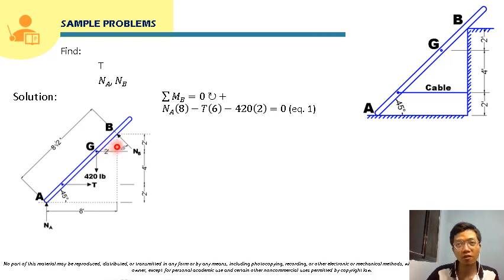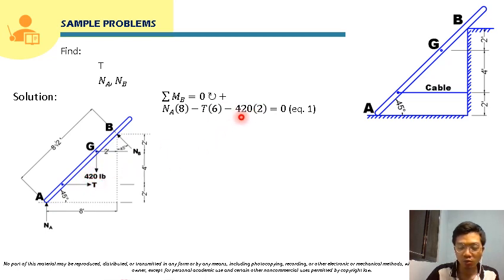Tangent 45 degrees equals TOA, opposite over adjacent. So tangent 45 degrees equals 2 over adjacent, the unknown. Solving for the adjacent, that will be 2 over tangent of 45, which is also equal to 2. So this side is also 2, and that becomes the moment arm of our 420 pound force.